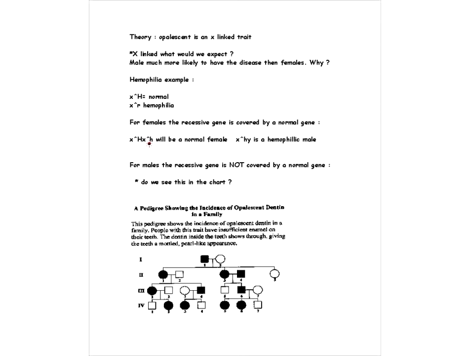Females, as I mentioned earlier, the recessive gene is covered in a female. As long as you get one dominant gene, the female is going to be normal, whereas any male that gets the recessive gene is going to be hemophilic. In other words, with males, the recessive gene is not covered by the normal gene.